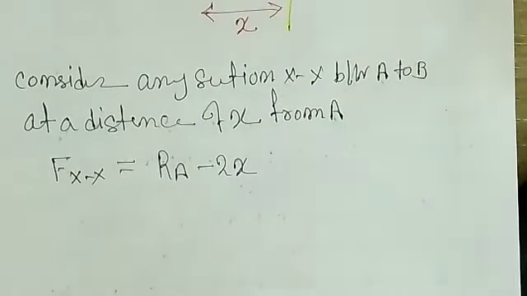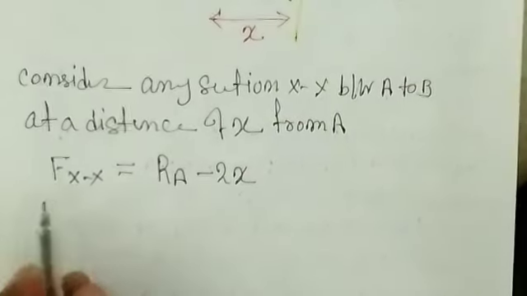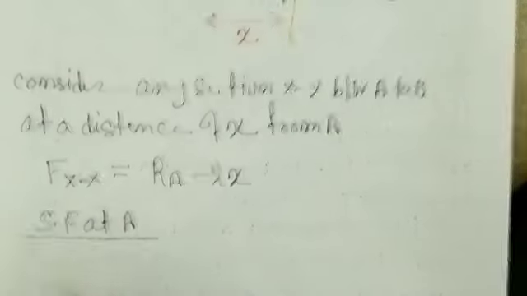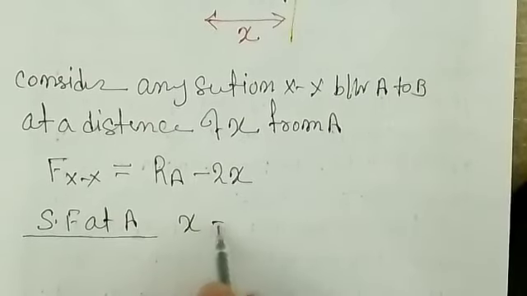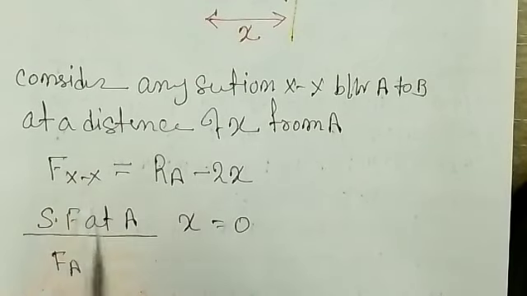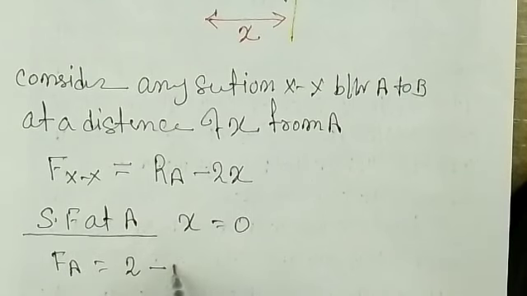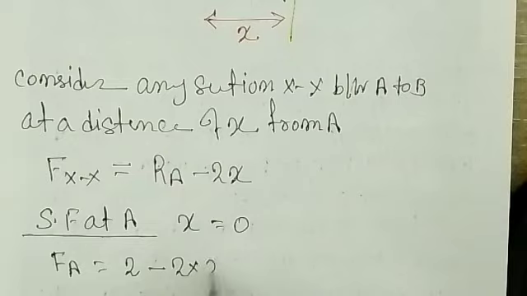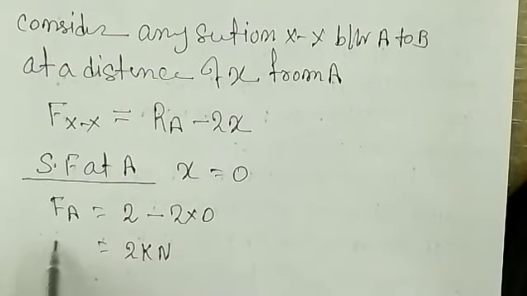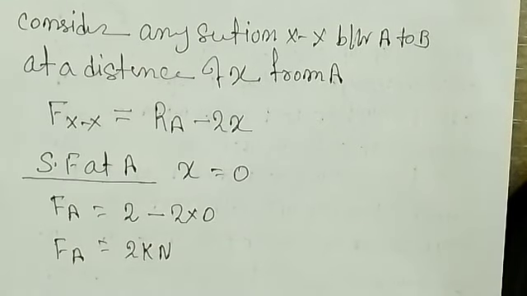So first, the shear force at A: at A, X is equal to 0, so FA is equal to RA, which is 2, minus 2 into 0, which is 2 kilonewton. So the shear force at A is 2 kilonewton.